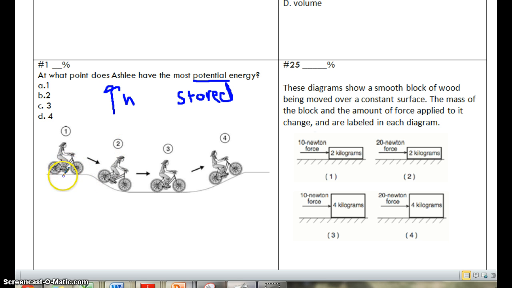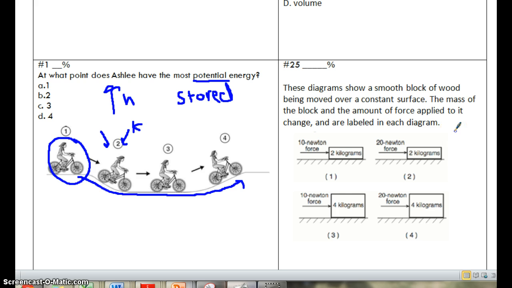She starts at a hill, she goes down, and then she goes back up. So she's going to have the most potential energy at the top of the hill. Most of you guys got that one. A few of you guys put number 2, so I'm not sure about that. Number 1 is where she has the most potential energy, and at number 2, she's already starting to move. So here, we already have some kinetic energy because it's moving.